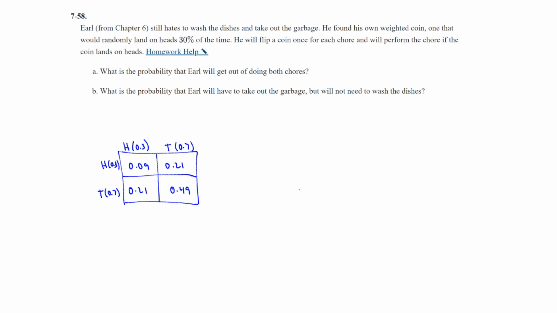And now, what is the probability that Earl will get out of doing both chores? Well, for him to get out of doing both chores, he would have to flip a tails both times. And so for a tails to occur both times would be right here, and that would be at 49%. So the probability that Earl will get out of doing both chores would be 49%.